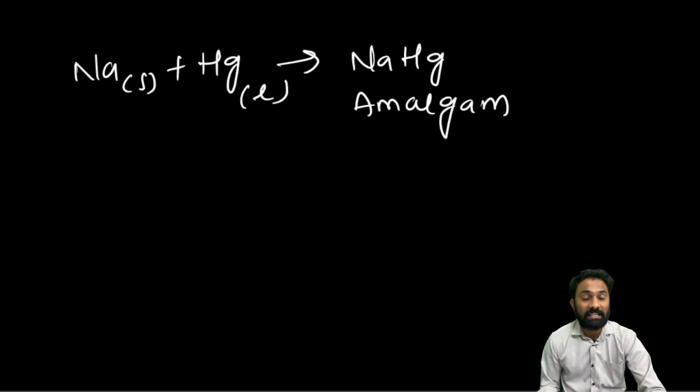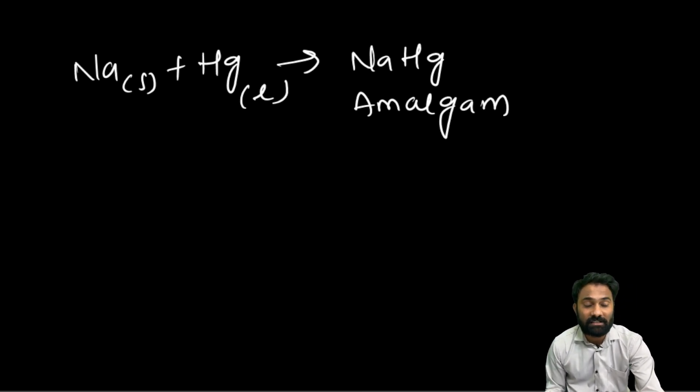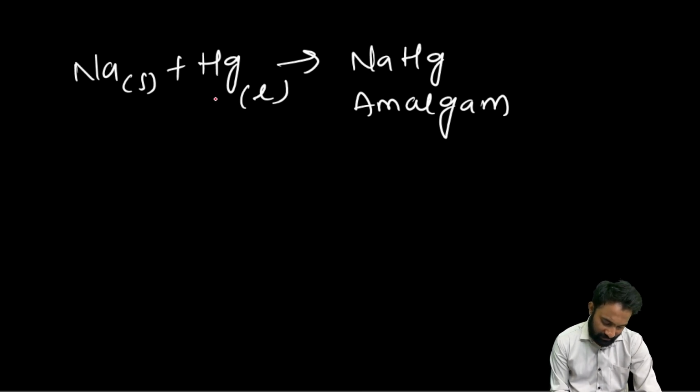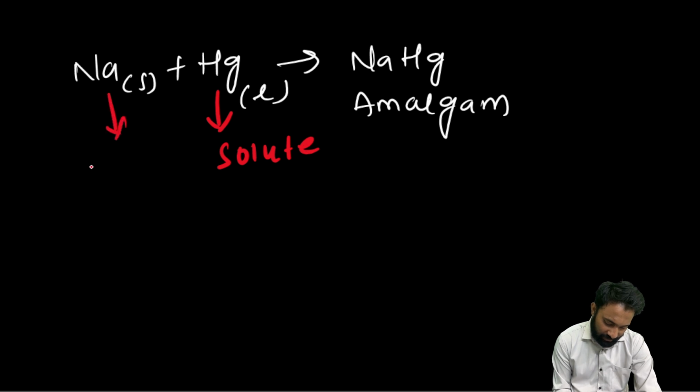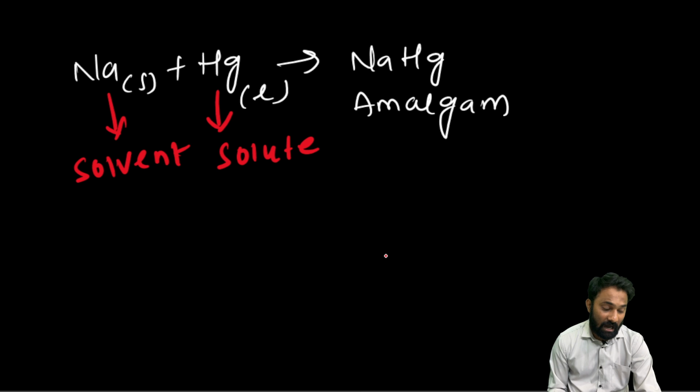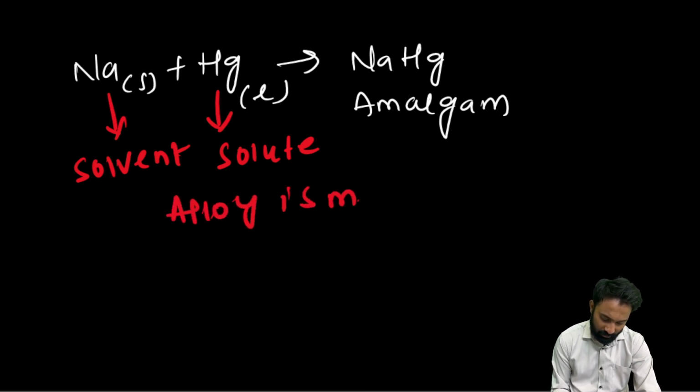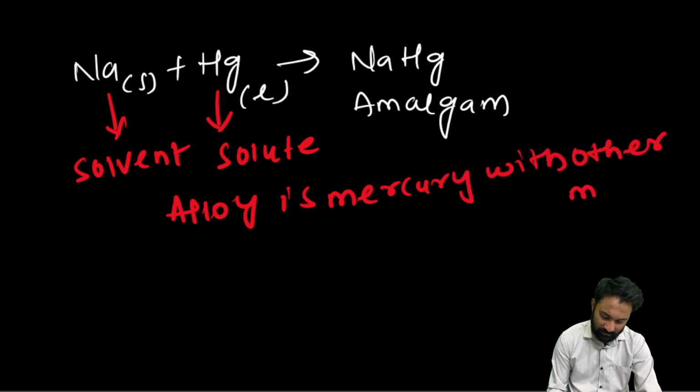Here if I ask, in this amalgam, which is the solvent and which is the solute? Hg will be the solute and sodium will be the solvent. Clear? Alloy. What is the meaning of alloy? Alloy is mercury with other metals.